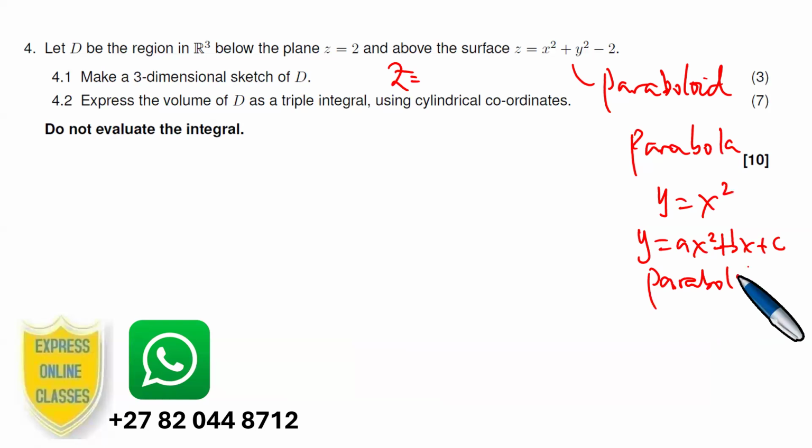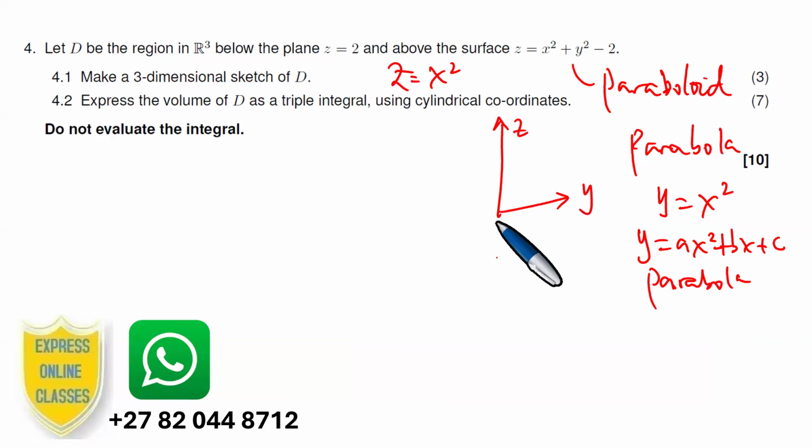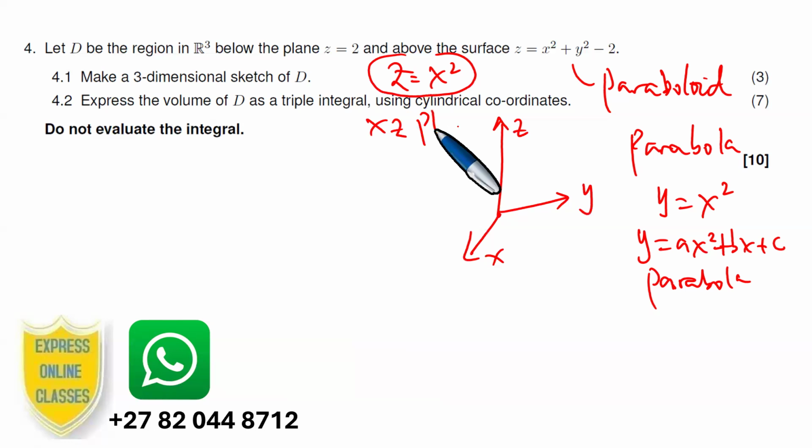Now if it is z equals x squared, obviously you are dealing with z. So z equals x squared, for instance, is a curve in the xz plane.